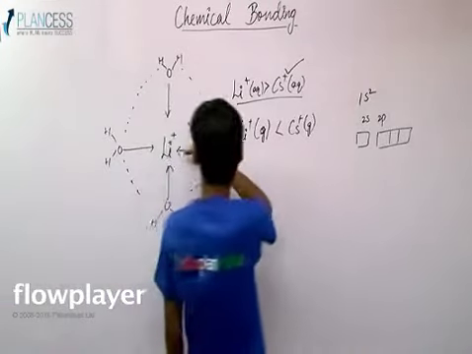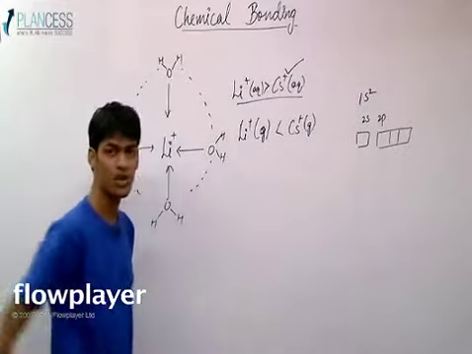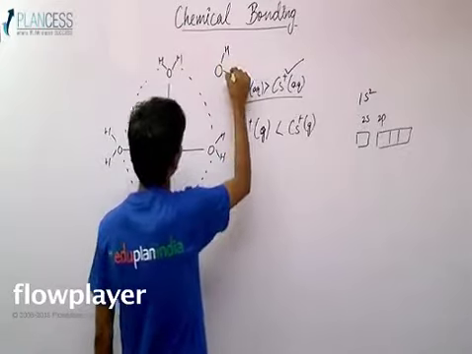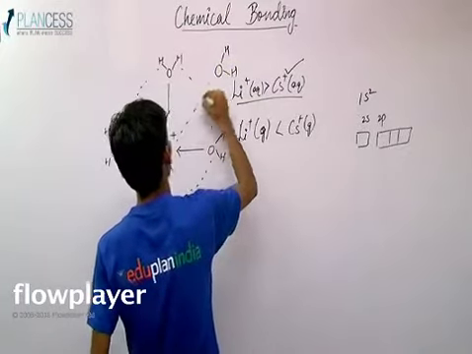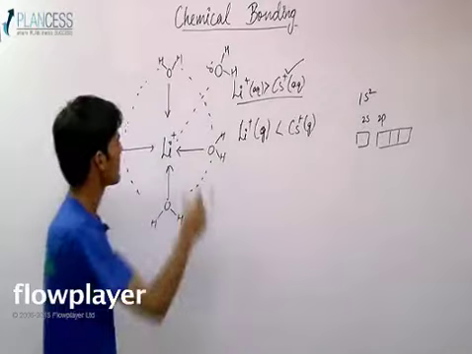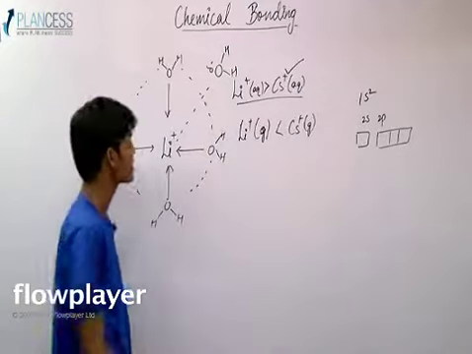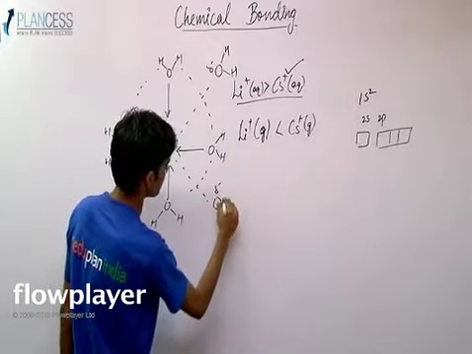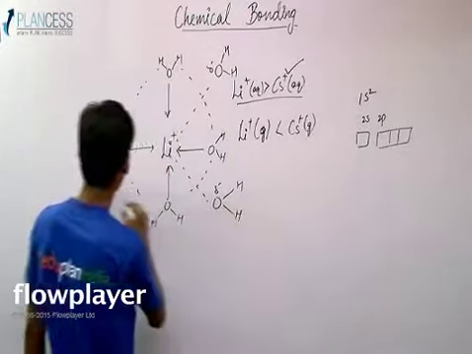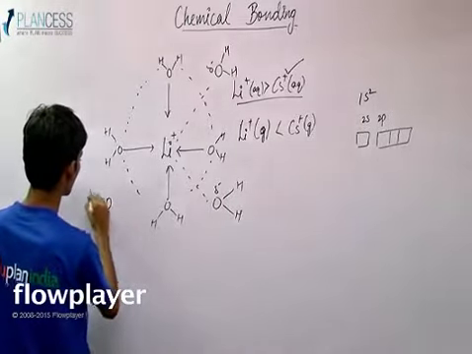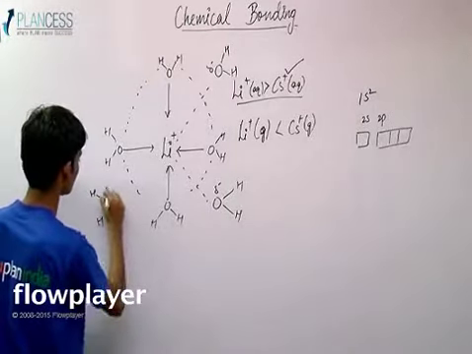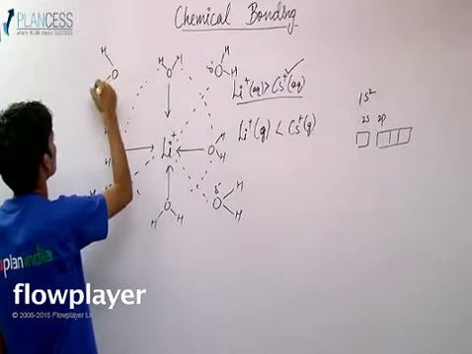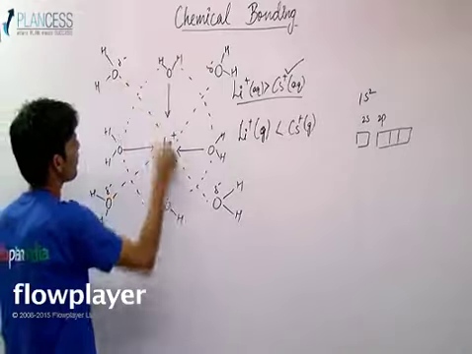Now there is some positive charge on Li+, and oxygen has a delta negative charge, so dipole interaction is also taking place from the oxygen delta minus and H. So Li+ is connected to 8 water molecules, so its structure is quite peculiar.